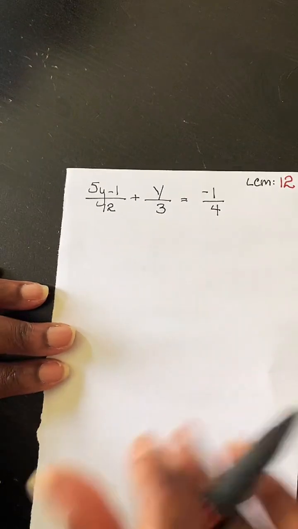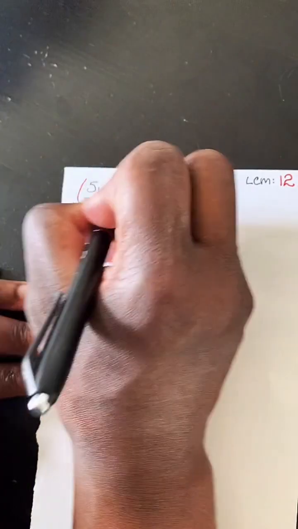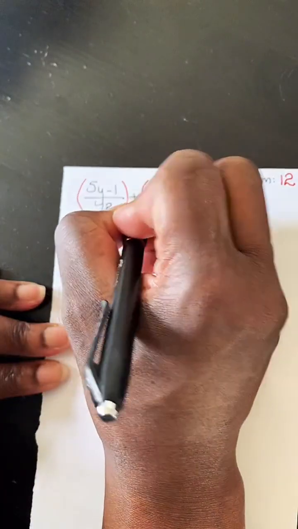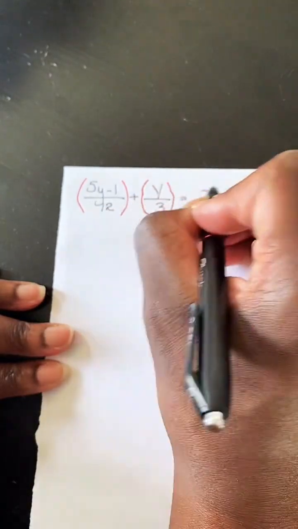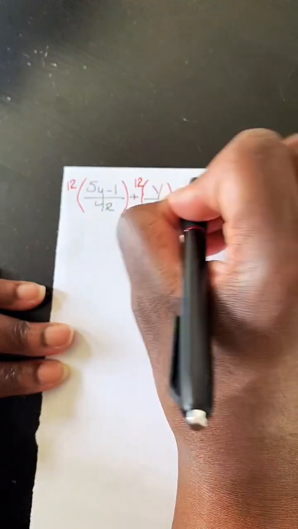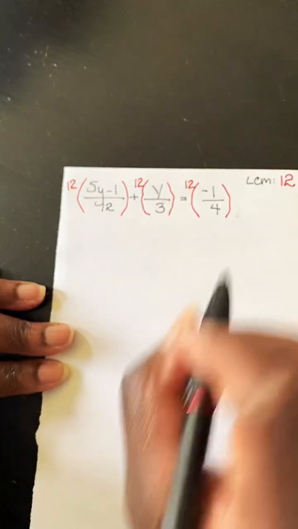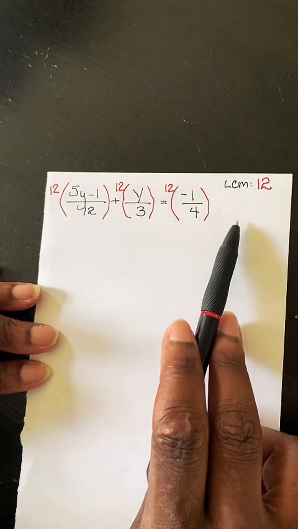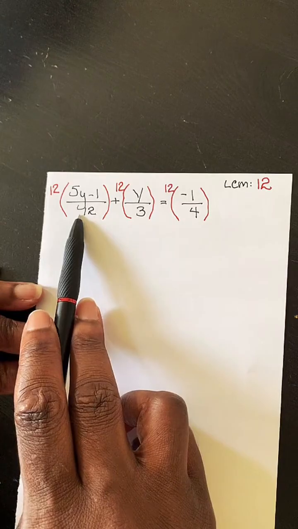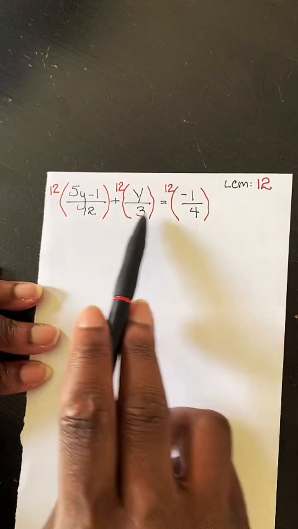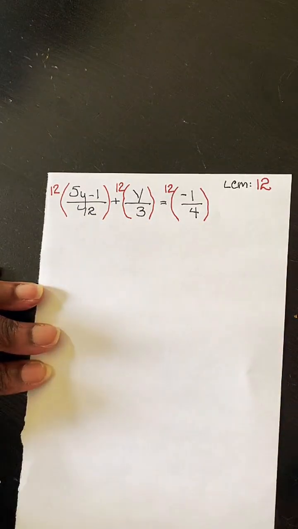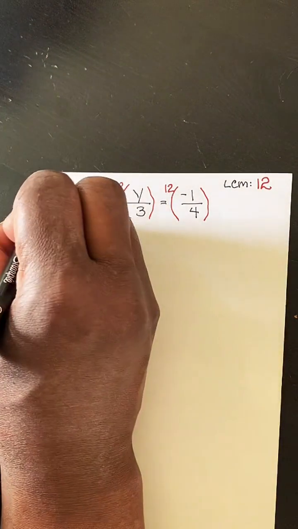So that means we're going to multiply all three spots by 12. So this is a 12, this is a 12, and this is a 12. The reason why we're multiplying by the LCM is so we can get rid of the denominators. So now we have our 12 divided by 12.